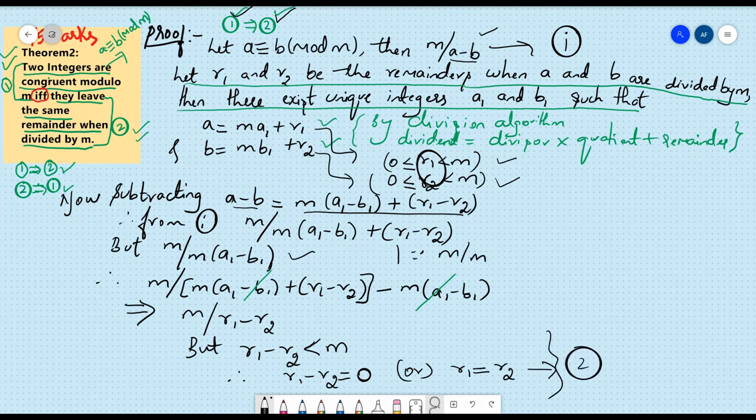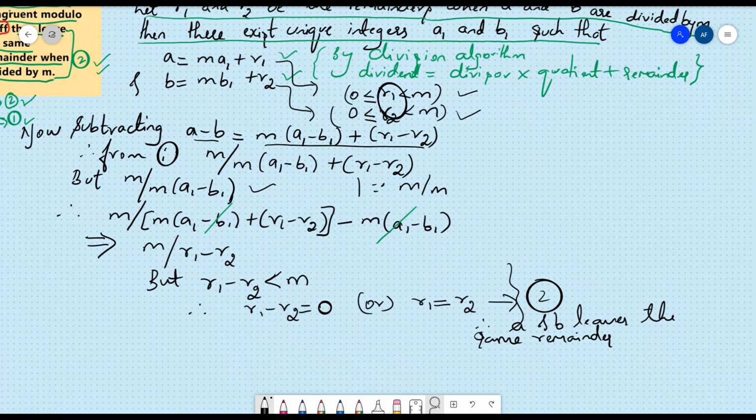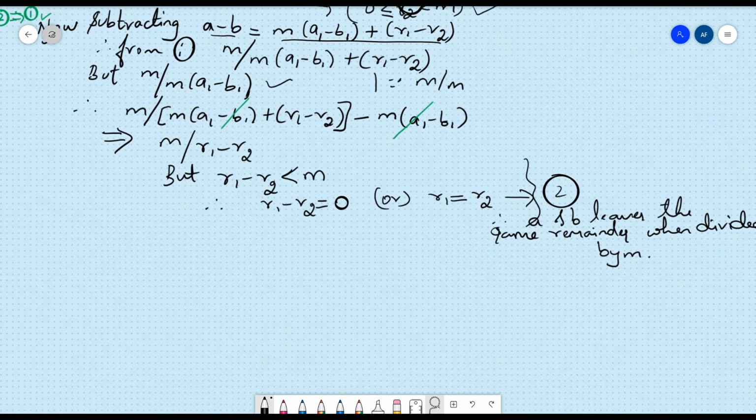At last you can write the sentence: therefore a and b leave the same remainder when divided by m. Okay, that is the thing.